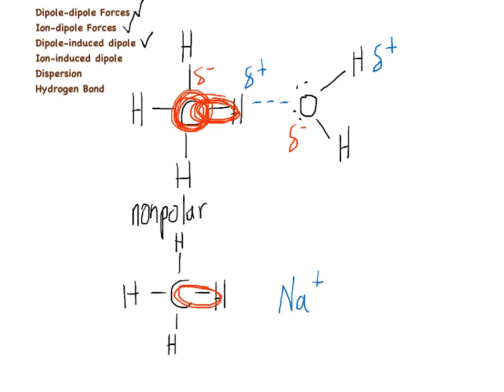But when this ion, the sodium ion, comes over here in proximity of this bond, it has a positive charge, and the electrons are negative. So in this case, they're opposite charges, so the electrons are going to be pulled towards the hydrogen a lot more, creating a partial negative charge on the hydrogen, and a partial positive charge on the carbon, inducing a dipole.